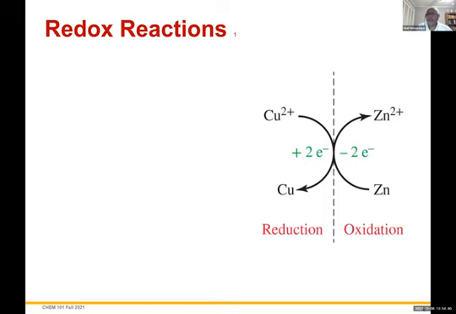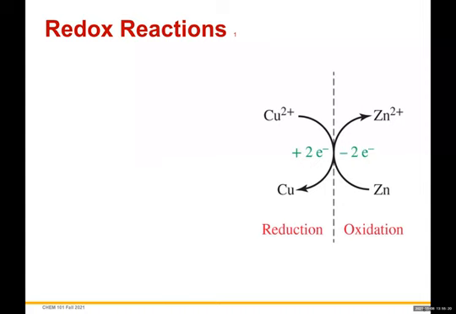But if you separate them out in a galvanic cell, we're going to talk about that later. There are 2 electrodes. Reduction takes place in the cathode, oxidation takes place in the anode. The anode is where zinc is. Reduction is where the electrode is copper. Copper is deposited from the solution onto the copper electrode. The zinc electrode is going to dissolve into solution as zinc 2+.